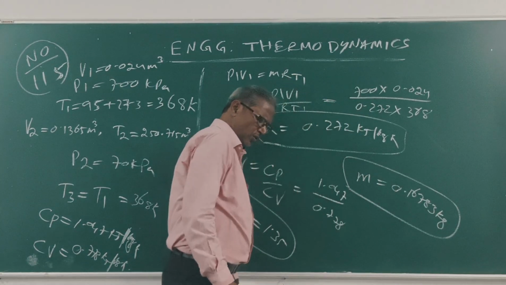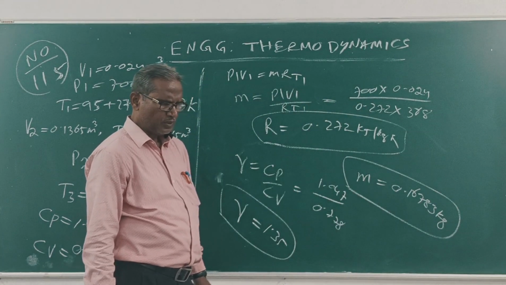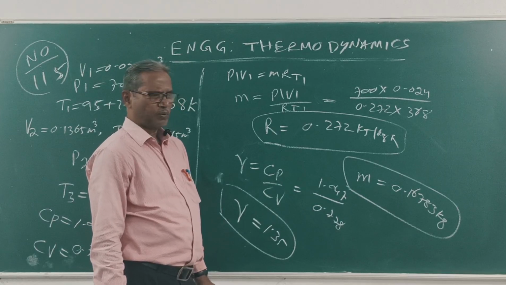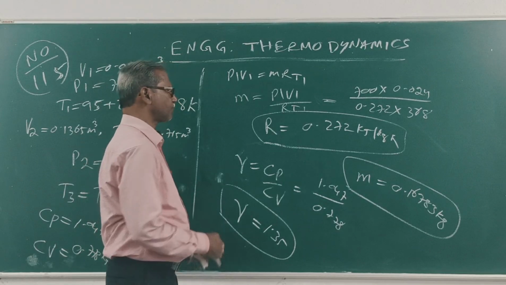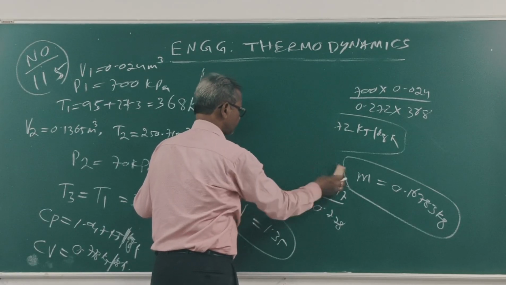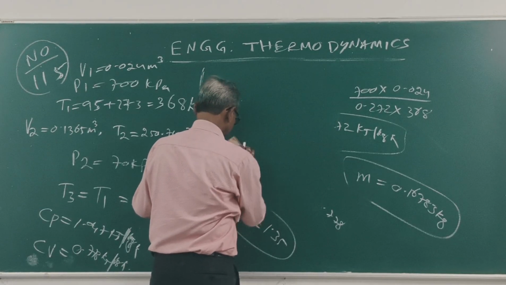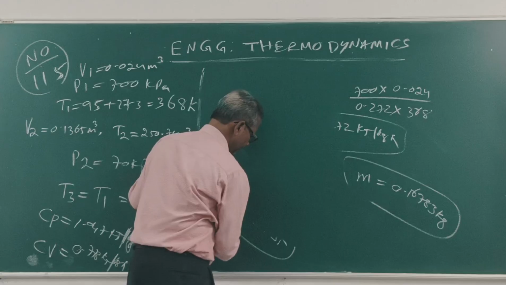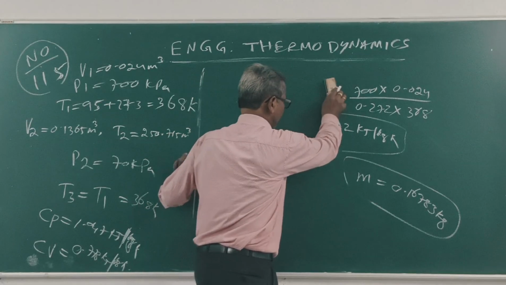Now all values we find out. Now put the formula for work done. This is process 1-2.